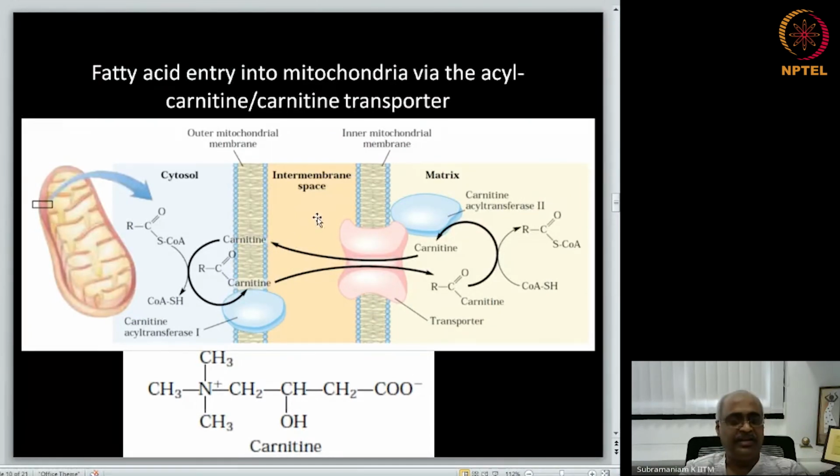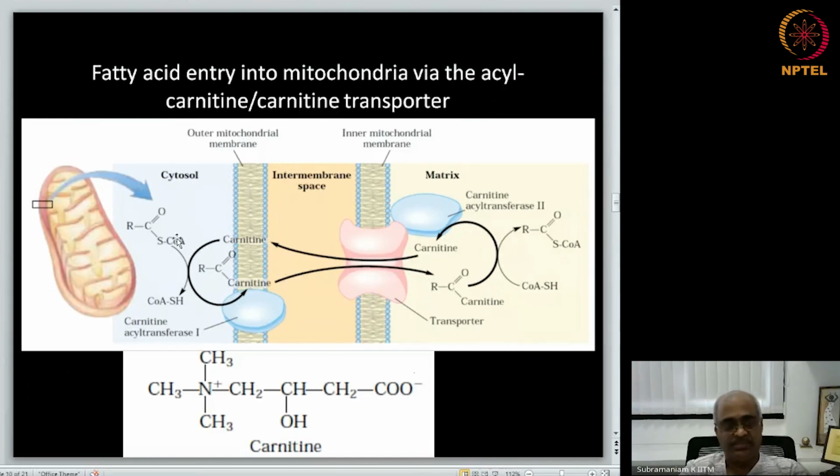So what is the carnitine cycle? This is the carnitine molecule, a trimethyl ammonium group attached to a 4-carbon group. It's basically a beta hydroxy butyrate with the trimethyl group. And this carnitine is a key molecule.